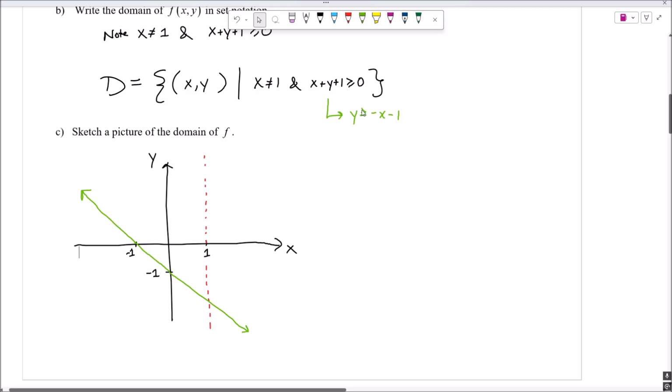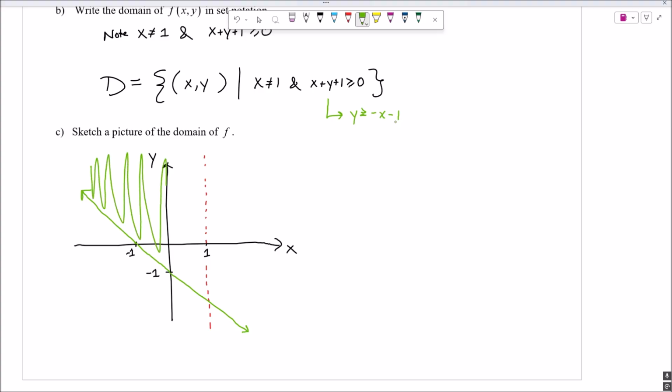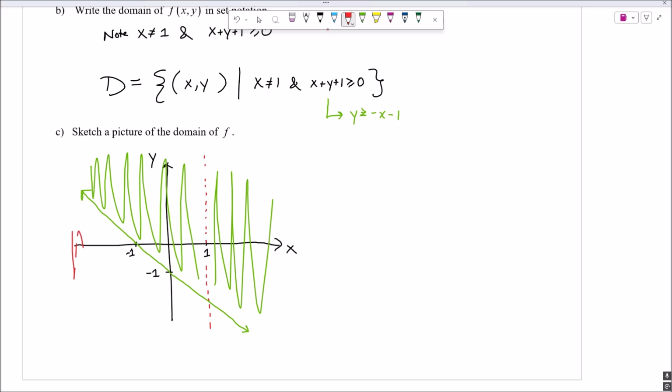Since y is larger than or equal to the line, I would also be okay with literally any other point that exists up here. So this is my universe of all points that are good. And of course, that means all points that are not green are red.